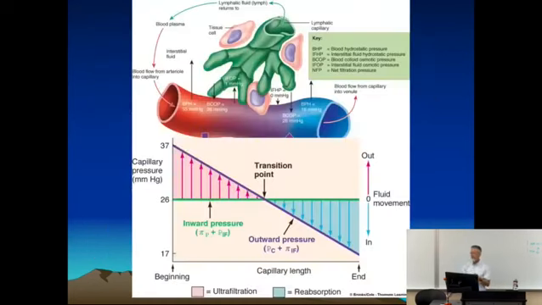So this is a figure showing the same thing that we were talking about before in terms of the exchange at the capillaries. This one actually shows some of those lymphatic capillaries in there as well. That green thing is not alien. We actually have lymphatic capillaries next to all of our regular cardiovascular capillaries that are there to pick up some of that excess fluid that gets left behind.